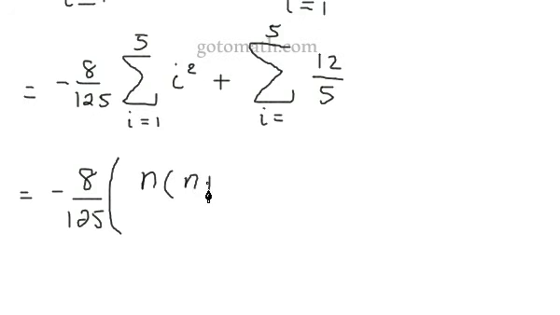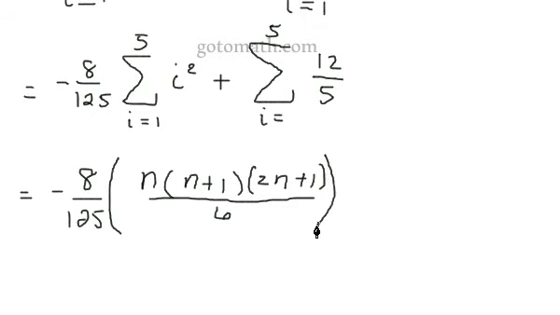It was n times n plus 1 times 2n plus 1, and it was all over 6, plus, and then this one here is going to end up being 12/5 times 5. And in this particular case, we're going to say, of course, n up here is 5. So you would plug 5 into this piece right here, and this would give you the actual sum of all of the boxes if you plugged that in.